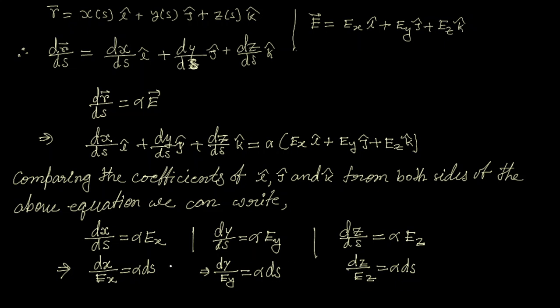Now take a look at the right side of these three equations. All three right sides are equal: alpha ds. So if their right sides are equal, then the left sides must also be equal.